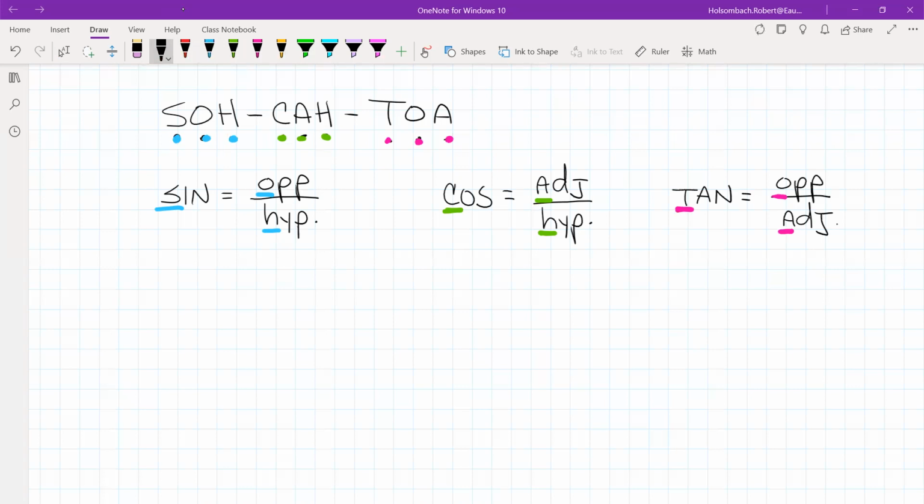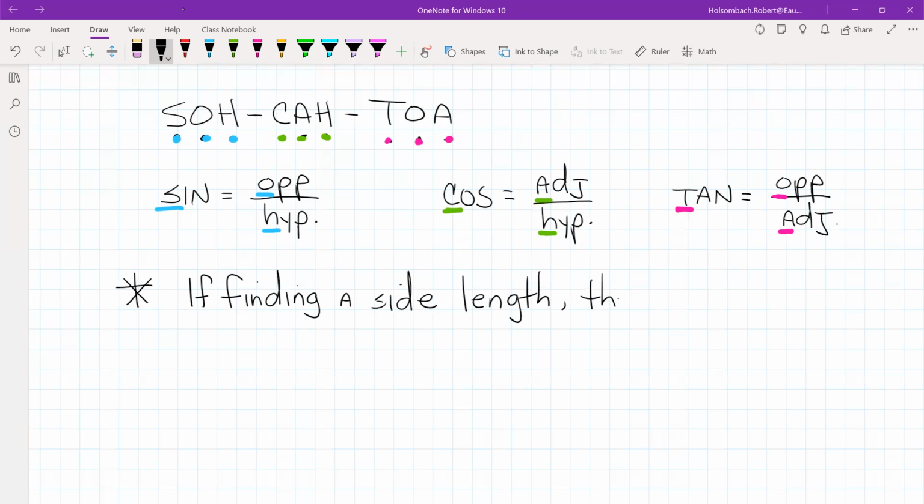Another thing you need to remember that's extremely important is if you're finding a side length, then use regular sine, cosine, and tangent.